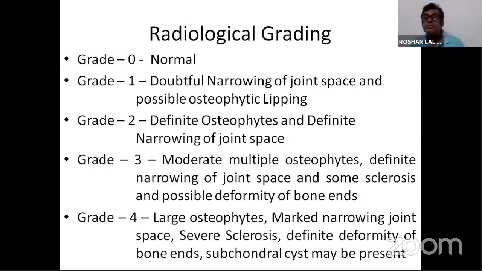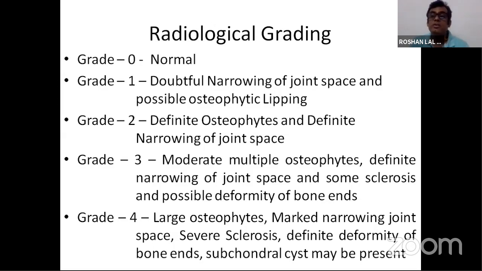X-ray grades, or radiological gradings of the osteoarthritis. The grading is 0 to 4, and 0 is considered normal. There is intact joint space, there is no deformity, no sclerotic changes, no osteophytes.